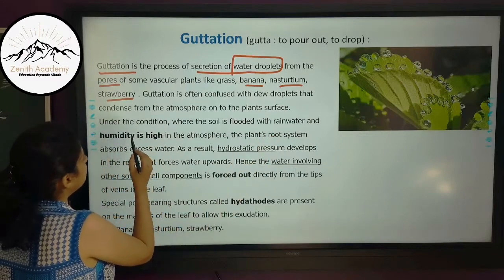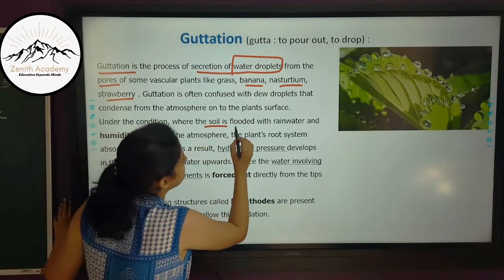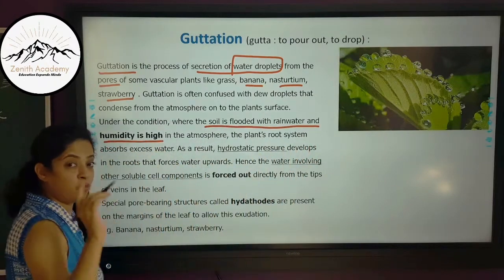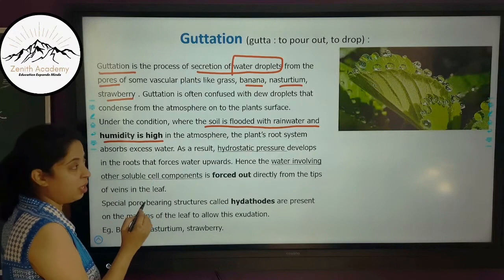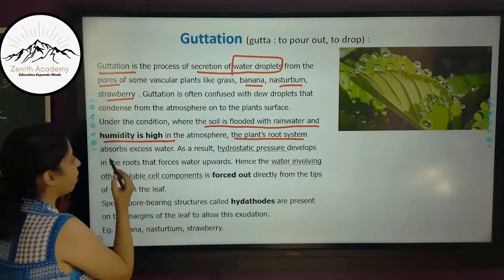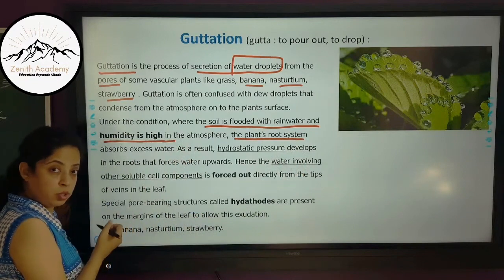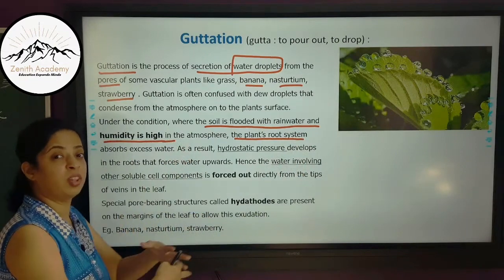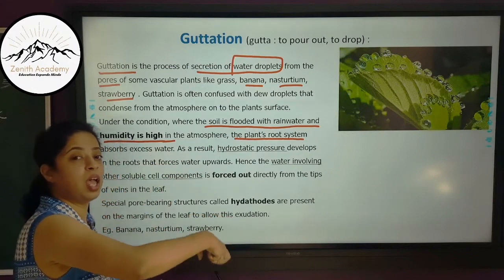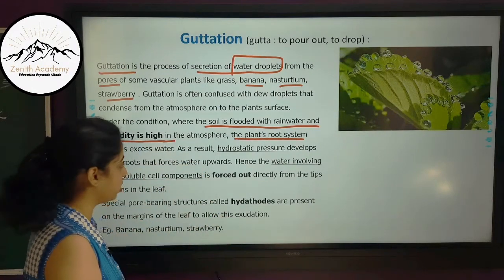So under the condition where the soil is flooded with rainwater and the humidity is high. So whenever the humidity is high, mostly during rainy season, at times the plant's root system absorbs excess water. So when the soil is clogged with rainwater, the plants will absorb excess water than what is required.